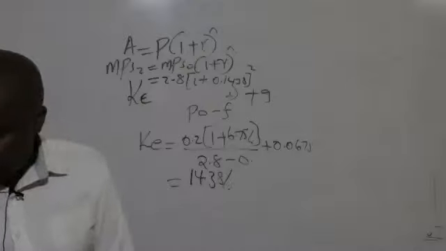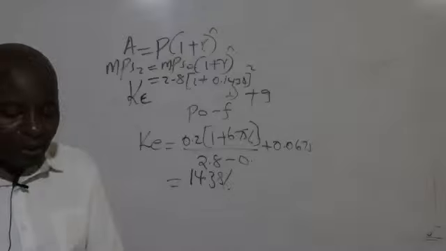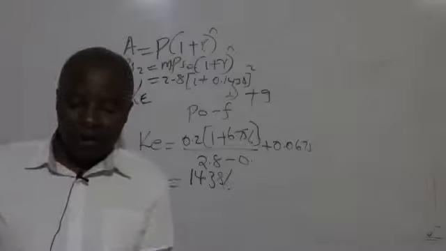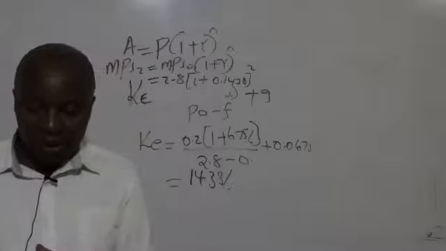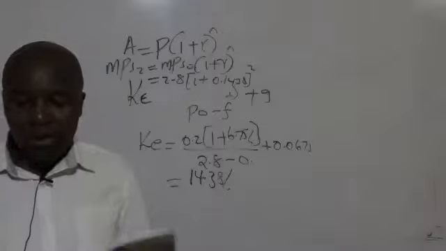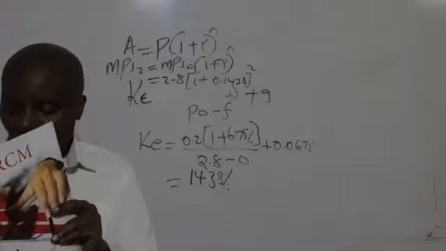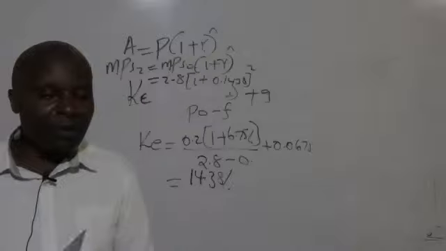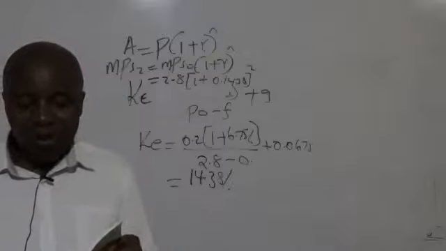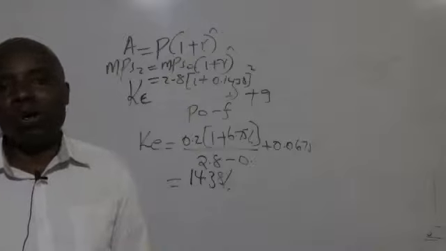Which question is this? It's May 2019, question number 3B. For those of you who have got these revision kits, it's page number 91. Page 91 has a question there called Zomolo.